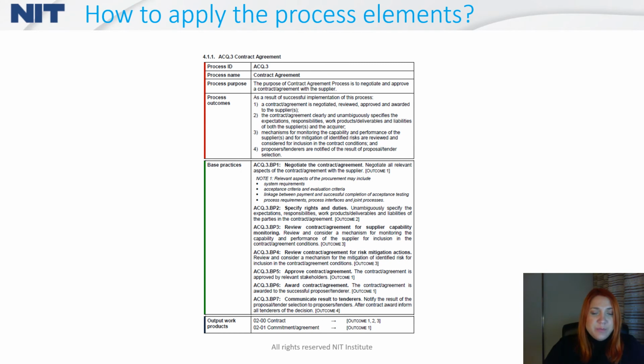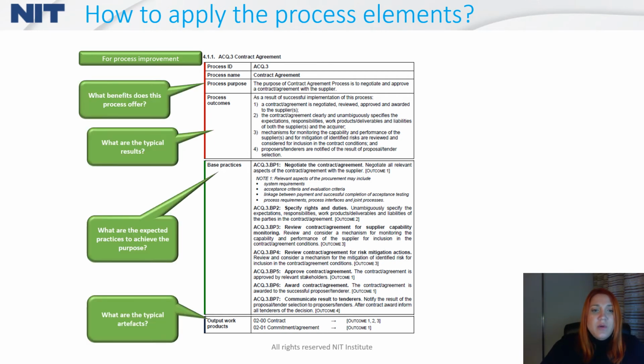Now let's observe again one of the example processes, and in this example we will try to apply the process elements. For the first part of this practice, for process improvement, we use those parts of the process so that we can answer certain questions.